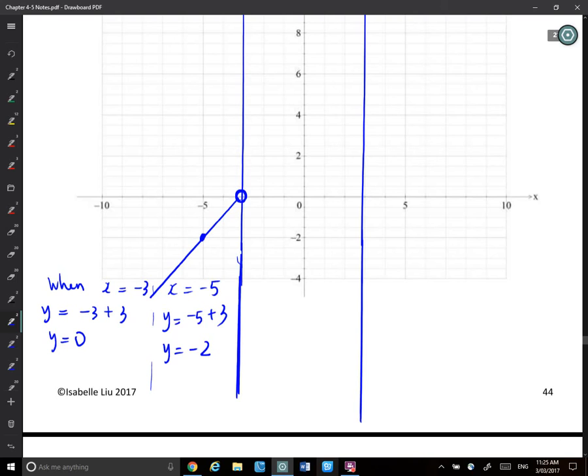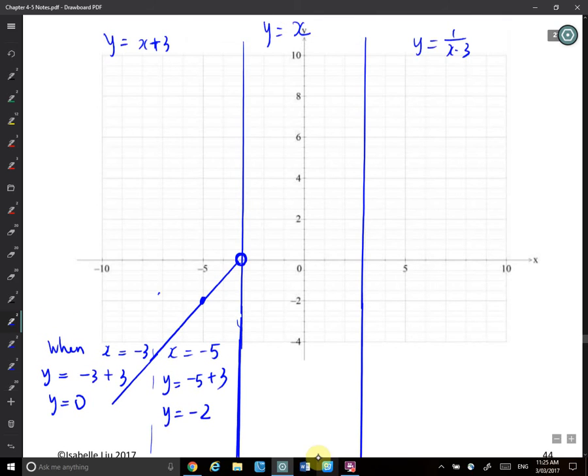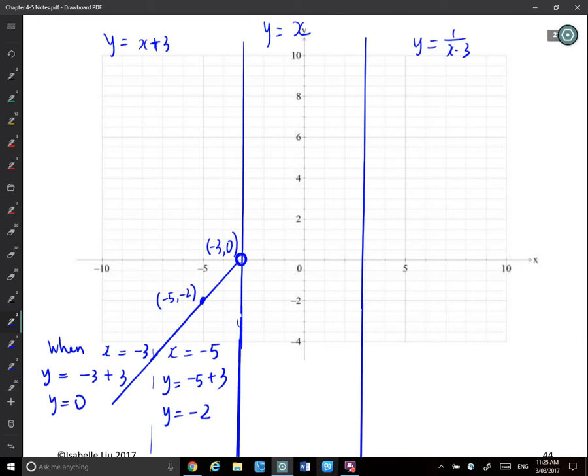I can make it longer. I will label 2 points, -5, -2, and I need to label this, even though that's an open circle, -3 and 0. That function belongs to this section.